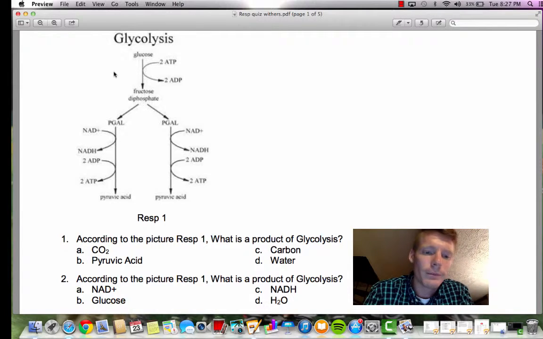Question 2. According to the picture, RESP1, what is the product of glycolysis? A, NAD+, B, glucose, C, NADH, or D, H2O.